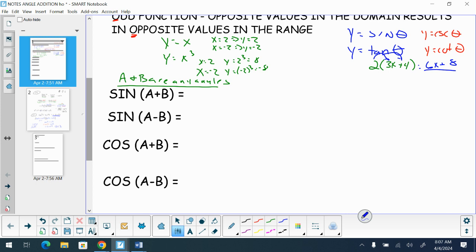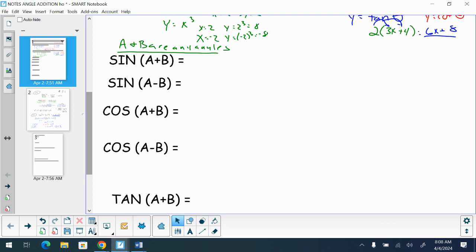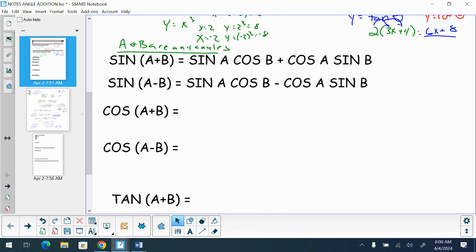So we have 6 formulas that we will go through today that you will once again want to add to your sheet. If you have the sine of a plus b, once again, this is not going to equal the sine of a plus the sine of b. But what it will equal is the sine of a times the cosine of b plus the cosine of a times the sine of b.